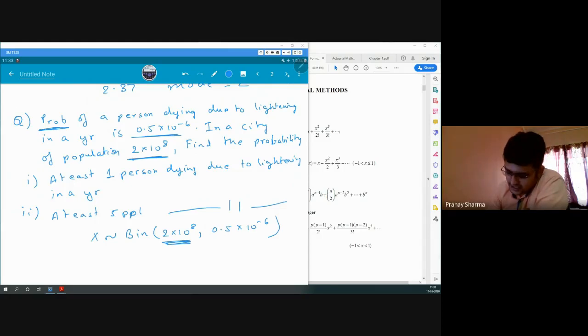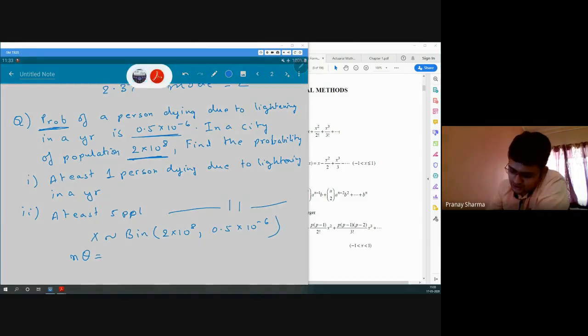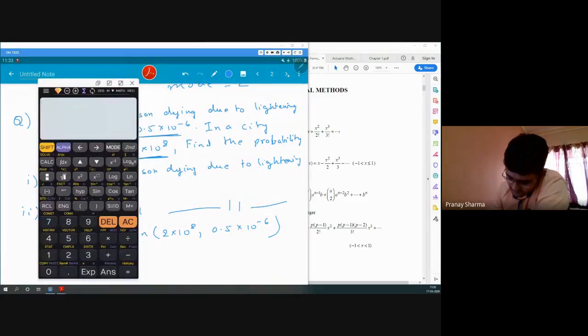So when n is large, we convert it into Poisson distribution, but only if theta is small. This seems small, but it is relatively small. We'll check n theta.